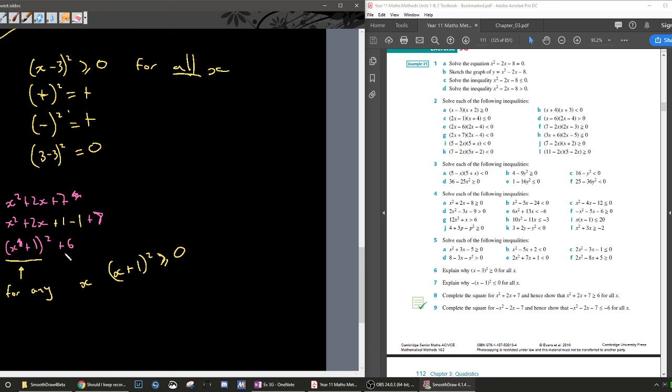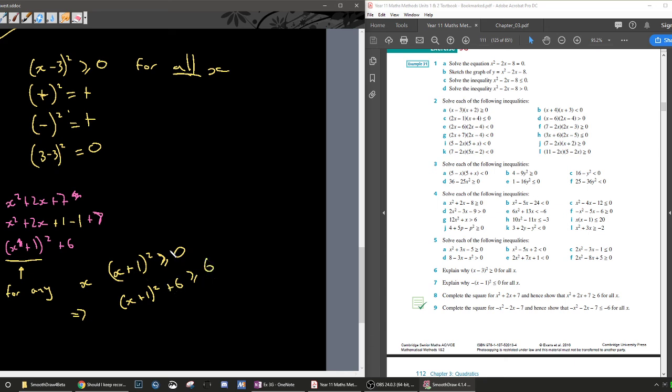And then because we're adding 6 to it, whatever we get here is always going to be greater than or equal to 0, and because we're always adding 6 to it, for any x, x plus 1 all squared plus 6 has to be greater than or equal to 6.